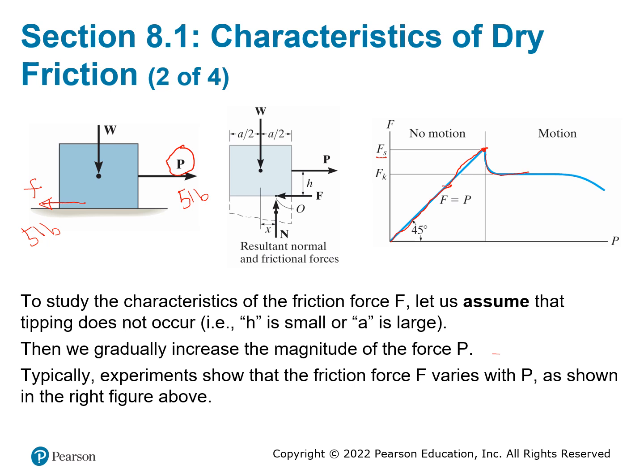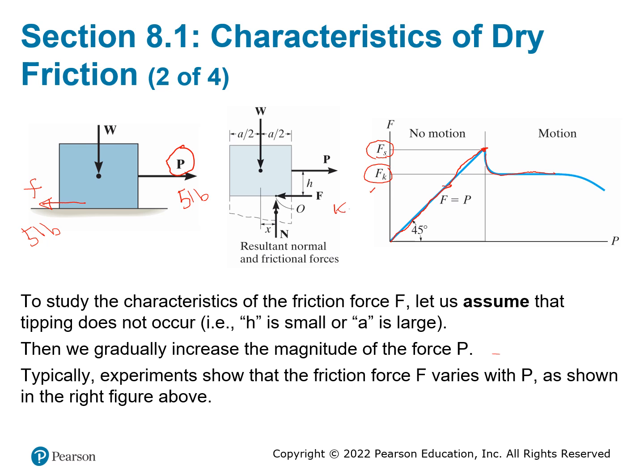This decreased friction force while it is moving is what we call the kinetic friction force. You probably learned this in physics already, but I just want to emphasize that these two are different. This one is called the maximum static friction force. This one is the kinetic friction force.